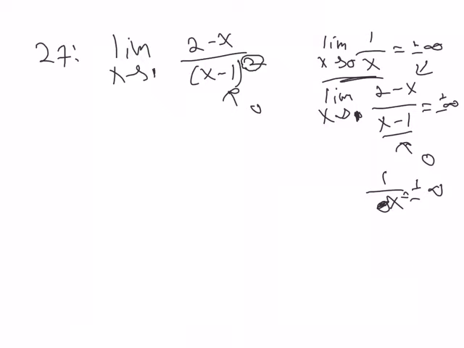Again, the reason that we go to plus and minus infinity is that as we approach from the right, we're dealing with really, really small numbers. We're dividing a constant by a really small positive number, which gives you a really big number, which is positive.